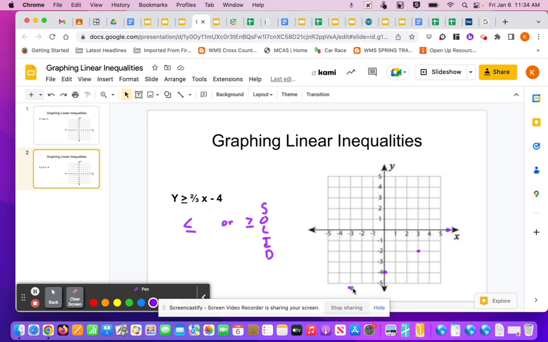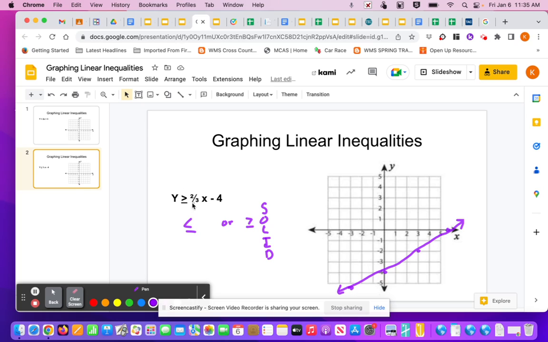So that gives you an idea of where the boundary is for this. Now, because it's an or equal to, what I definitely need to do here is put a solid line connecting those points. I did my best there. It's not the best line you've ever seen, but it's decent. So there you go.